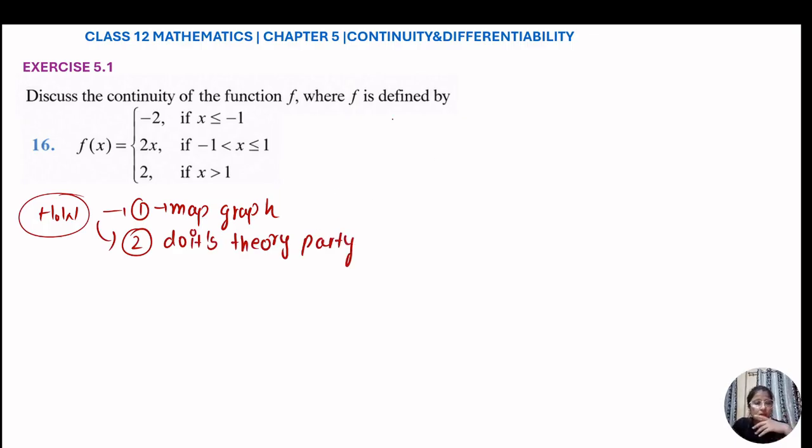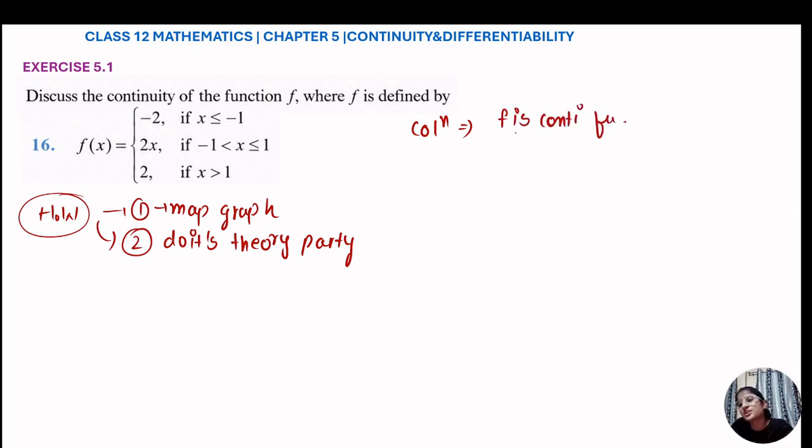I will also give you the answer. Your conclusion will be that the function is continuous at each and every part, as you can see, this is -2 and this is 2. So the conclusion is that f is a continuous function.